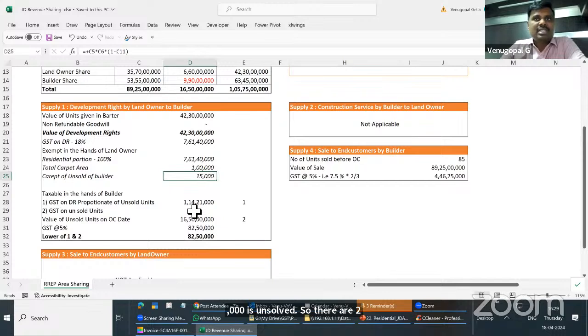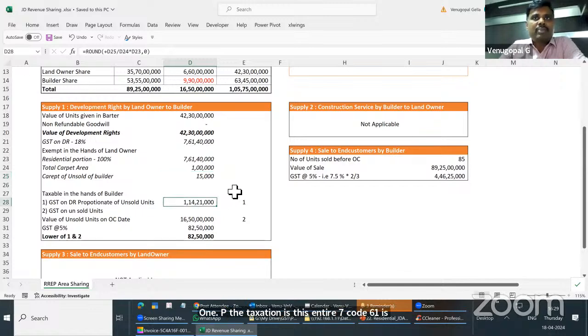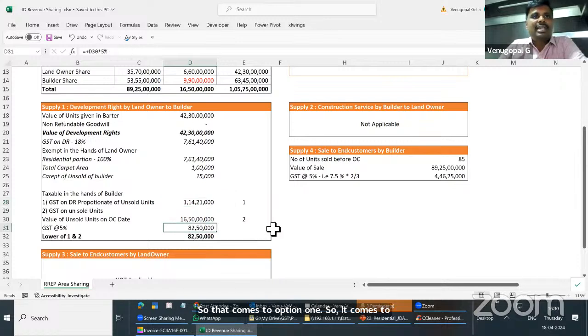The first taxation is that this entire 7 crore 61 is allocated in the ratio of unsold, which comes to 1 crore 14 lakhs. The second taxation is the GST on unsold units at the rate of 5%. Since these are 1 crore units, this will fall in other than affordable housing.